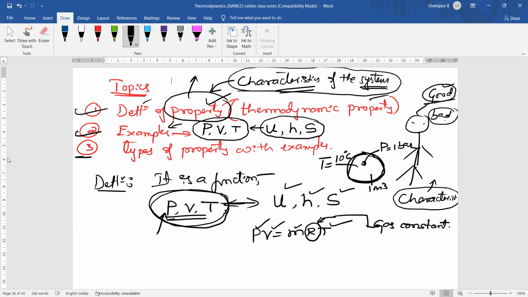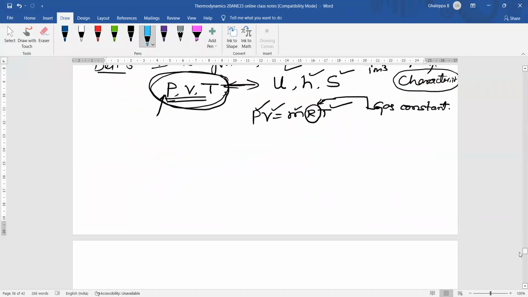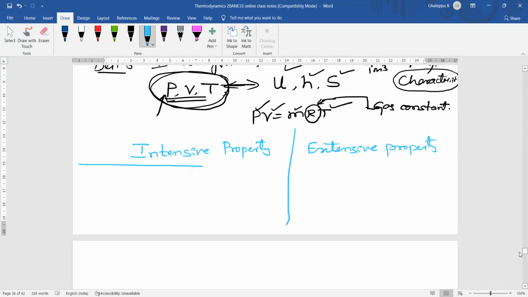Now coming to the third and important topic from the exam point of view, types of property. There are two types of properties. One is intensive property, another one is extensive property. What is the difference between these two?